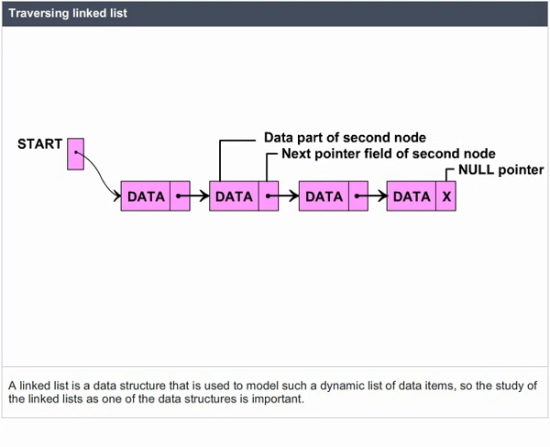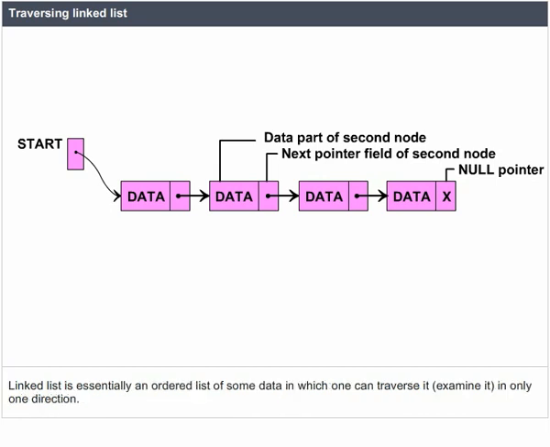Traversing a linked list. A linked list is a data structure that is used to model such a dynamic list of data items, so the study of the linked list as one of the data structures is important. A linked list is essentially an ordered list of some data in which one can traverse it, examine it, in only one direction.